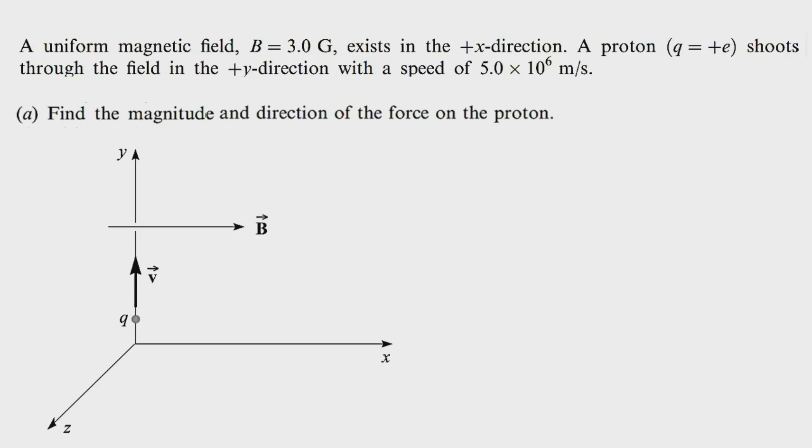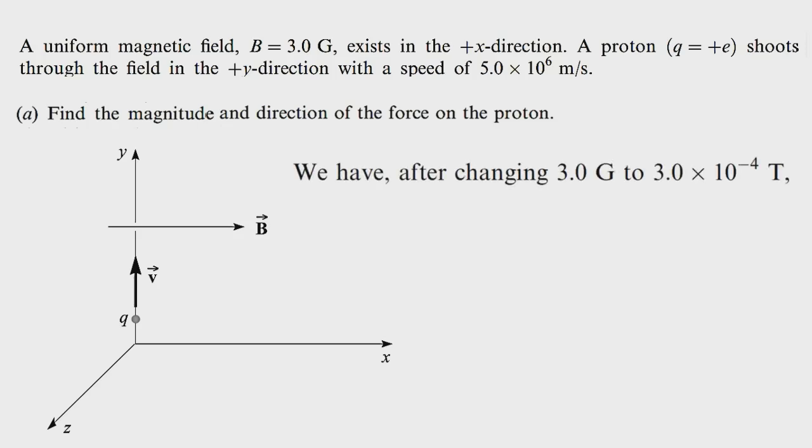Since the force is perpendicular to the magnetic field and the velocity, this simply means that the force is directed towards the z direction. This leaves us to just calculate the magnitude of the force on the proton.